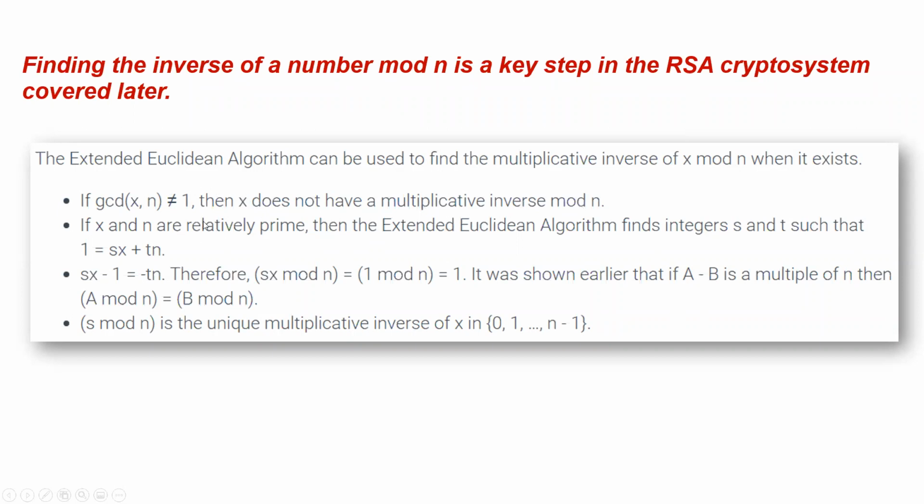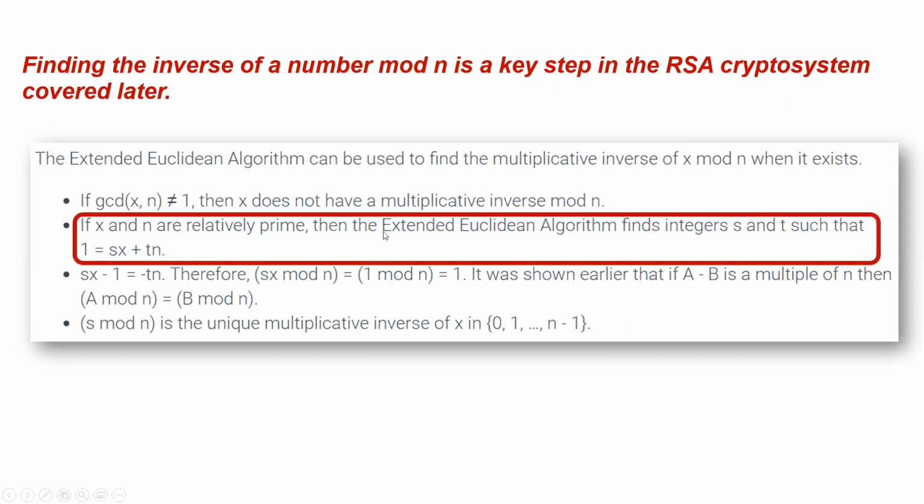But if it is relatively prime, then see what this says. The extended Euclidean algorithm is going to find those integers s and t such that the GCD, which would be 1 in the case of being relatively prime, can be written as a linear combination of my two numbers that I started with. And then ultimately, once we find s, which is that number in front of what we would consider x at that point, and we'll get to that later, whatever s would be from that extended Euclidean algorithm, we take that mod n, and that's the multiplicative inverse.